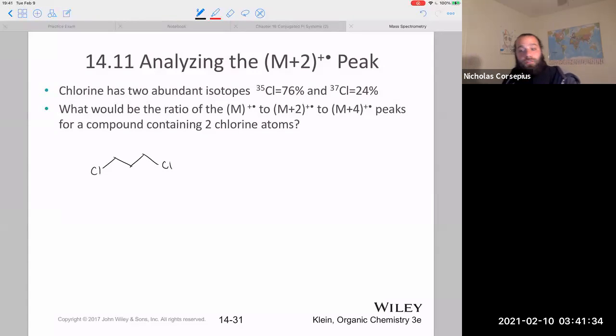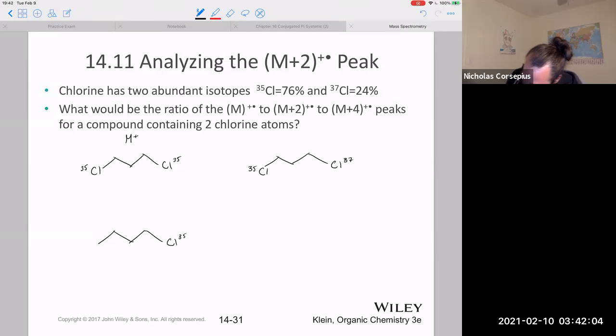Okay. There are 4 different possibilities that we can have of this molecule here in terms of the chlorine isotope. They can either both have chlorine 35, right? This would be the M+ or the molecular ion peak. We could have our rightmost chlorine be 37, where our leftmost chlorine is 35. And then we could have it the other way around.